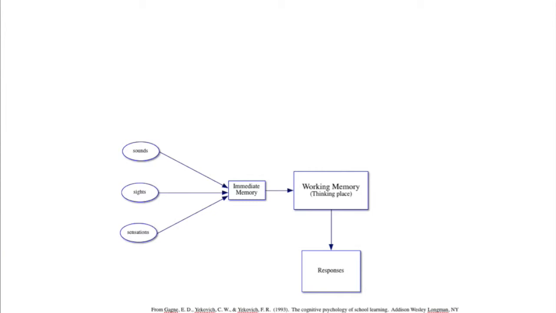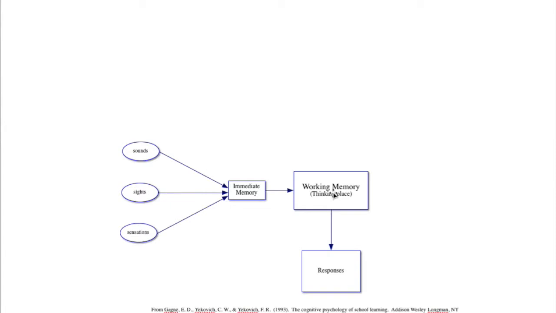So we're going to add to this model a thing we're going to call the immediate memory. Depending on the learning theories you've been exposed to, you may recognize it as the sensory register. The sensory register is the place where the information coming in actually gets noticed, and if it gets noticed, then the information gets admitted into working memory.